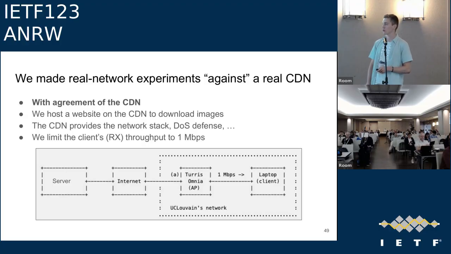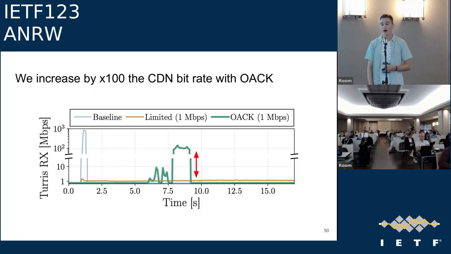As you can see on the figure, we just wanted to be cautious, so we limit the bandwidth towards my laptop to 1 Mbps, and we measure the bandwidth we receive from the network just before the bandwidth limit. And basically what we could do was to increase the bandwidth sent by the server to more than 100 megabits per second, despite the 1 Mbps limit, showing that even a real deployed CDN with a real quick stack was vulnerable to the attack.